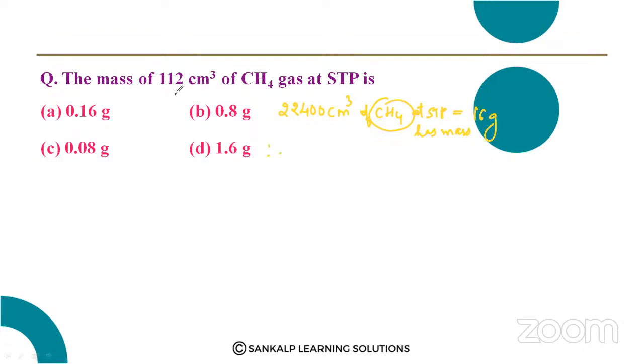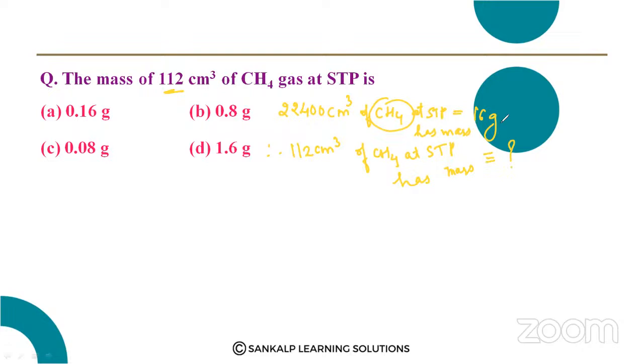Then we have to find it for what? 112. So 112 cm cube of methane at STP has mass how much? Okay, you have to cross multiply. So what is the relation? 22,400 cm cube of methane at STP has mass of how much?